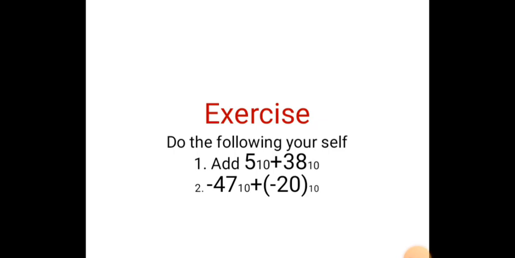So for instance, for 5 base 10, if you turn 5 into expanded notation, which means binary, you have to flip the zeros into 1s and ones into 0s in order to make it negative. I'm just giving an example. So make sure you do the exercise and send the feedback after the video.